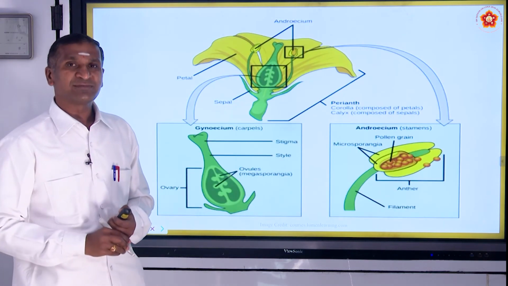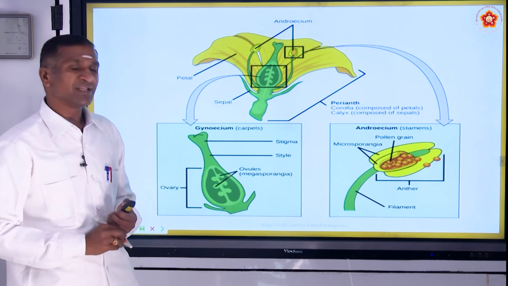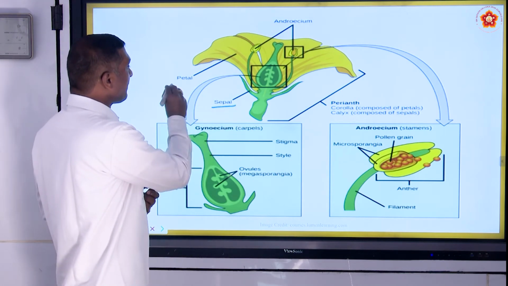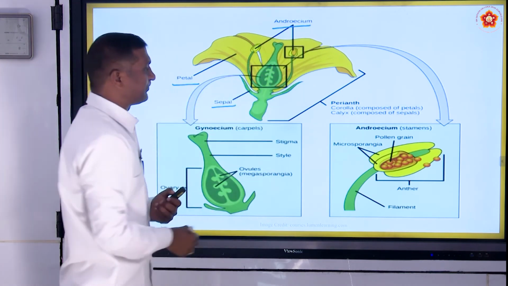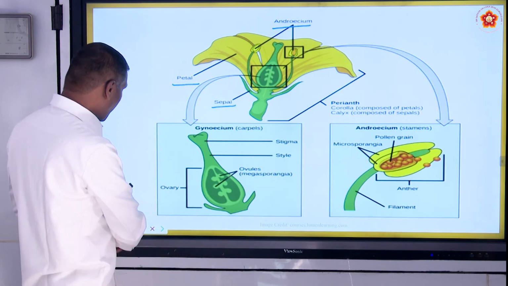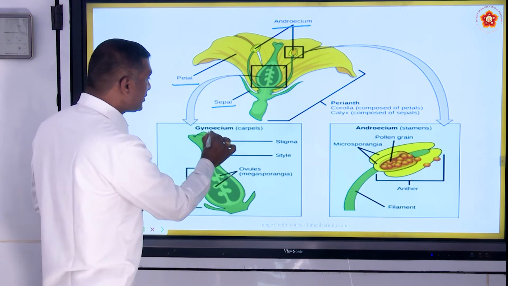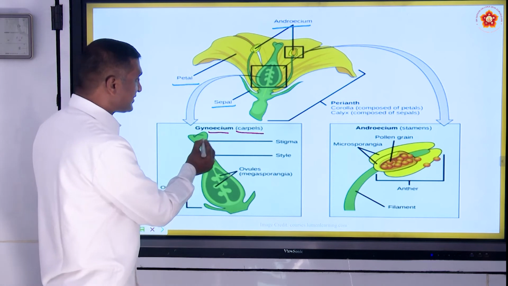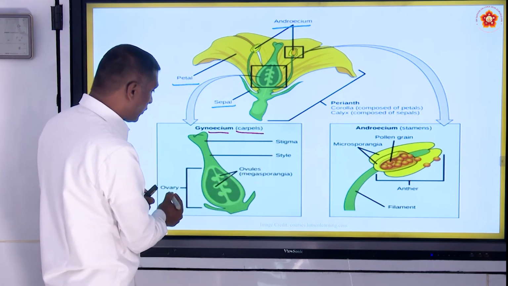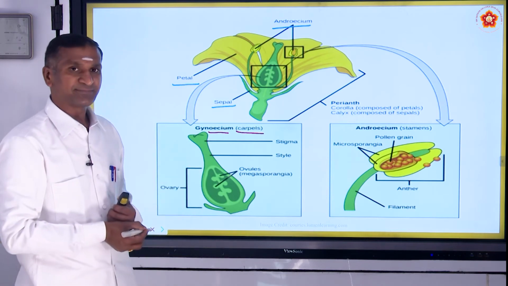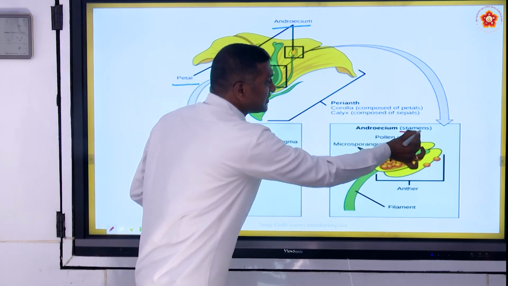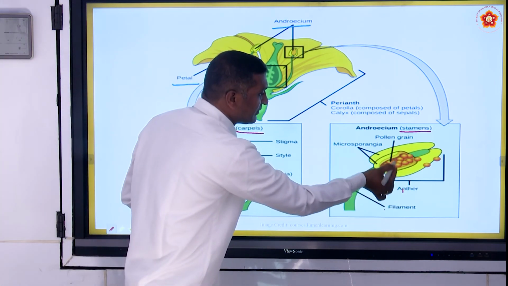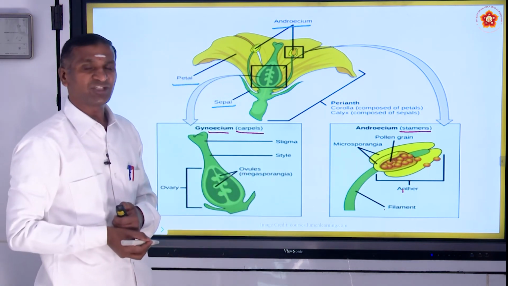If you observe the picture being depicted for all of you, the sepal, the petal, the androecium, and in detail the gynoecium, also called carpels, the collection of carpels or the pistil, where you can see the stigma, the style, the ovary inside which are the ovules. And here the androecium, which is nothing but the collection of stamens, and the filament, the anther with pollen grains inside, which are minute.